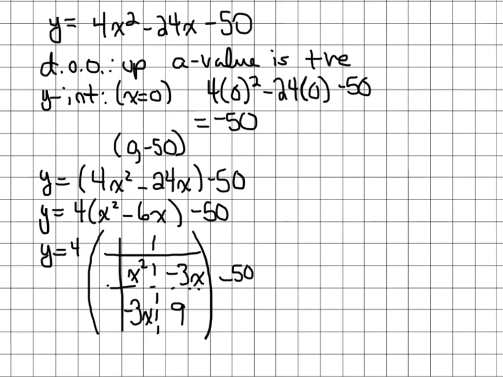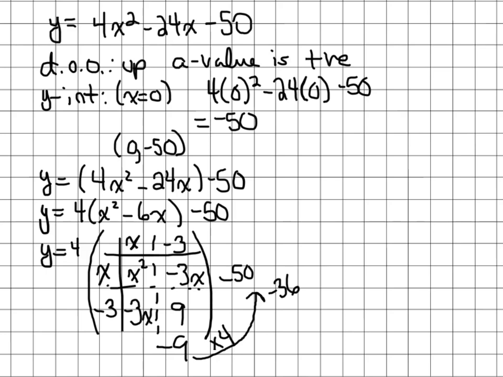If I am borrowing 9 from the bank, then I also have to borrow minus 9. Factoring out my rows and columns, I have x minus 3, x minus 3. Then I have to join my units up, my units that are left by themselves, with the other units, not forgetting that I have my 4 out here. So I have to multiply my minus 9 by 4, which will give me minus 36.